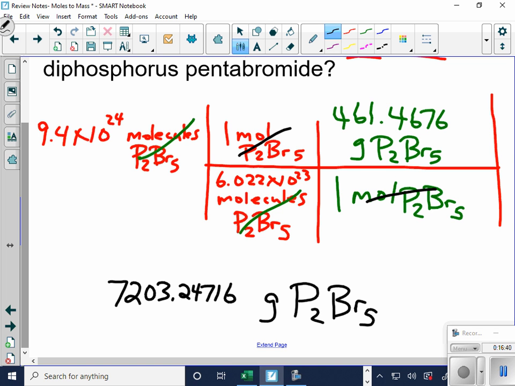That's the entire number my calculator just spit out at me. Well, I go back and look at my original number given to me. How many sig figs are there? Right there, 2, correct? So I have to have this number in 2 sig figs. So I can do one of 2 different things. I can make this number 7,200. That's 2 sig figs, right?